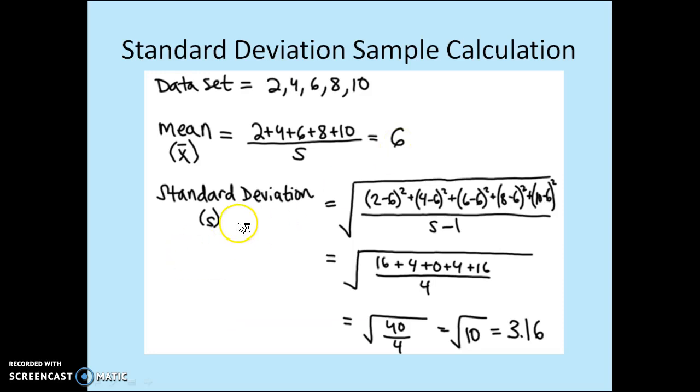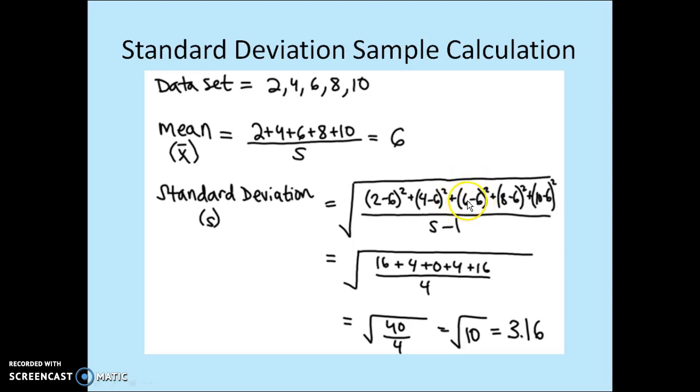When I'm calculating my standard deviation, I start by taking my first data point, 2, that's xi. I subtract 6, my mean, which is x bar, and then square it. I then add that to my next data point, 4 minus 6, my mean, square that.